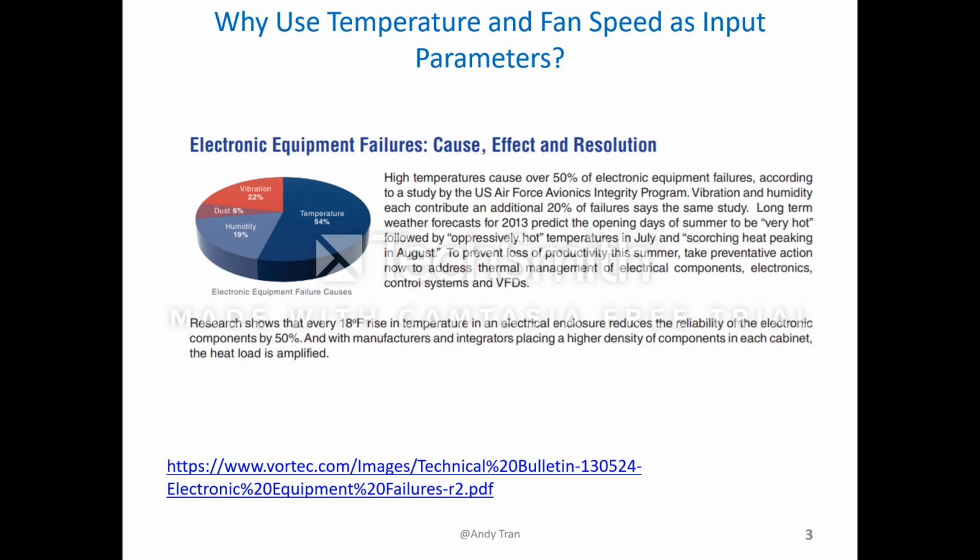As you can see from this slide, based on the vortex.com technical bulletin, most electronic components fail due to temperature overheating. And the overheating can be caused by various things.